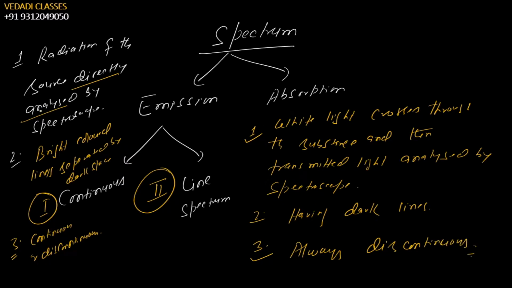So we studied the difference between emission and absorption spectrum. Now we will study one by one what the continuous spectrum, the line spectrum, and the absorption spectrum are, with examples. Let's start with the emission spectrum.